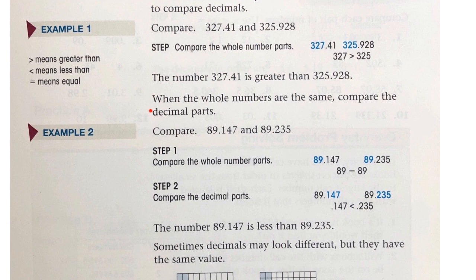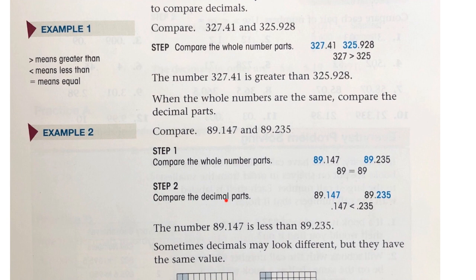When the whole numbers are the same, compare the decimal parts. So for example 2, compare 89 and 147 thousandths and 89 and 235 thousandths. Step 1, compare the whole number parts. 89 is equal to 89.